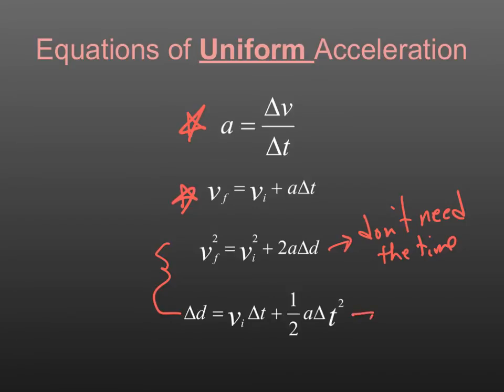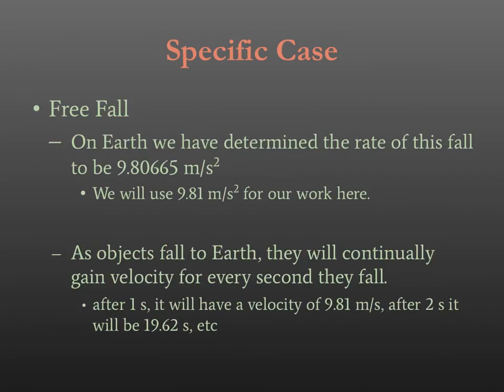And then this last one, we can solve for the total change in position without knowing what the final velocity is. We'll talk about these a little bit more in class, but notice that this is a quadratic. And like I said, we'll talk about this when we look at our position time graphs as they relate to acceleration.